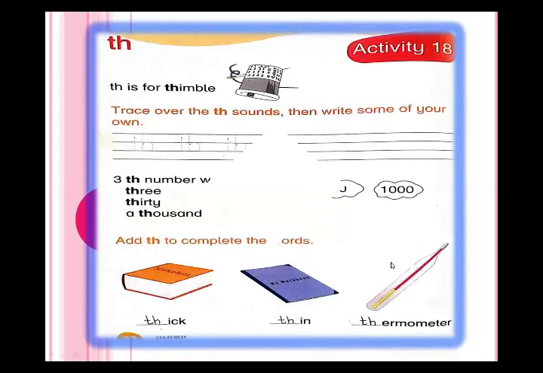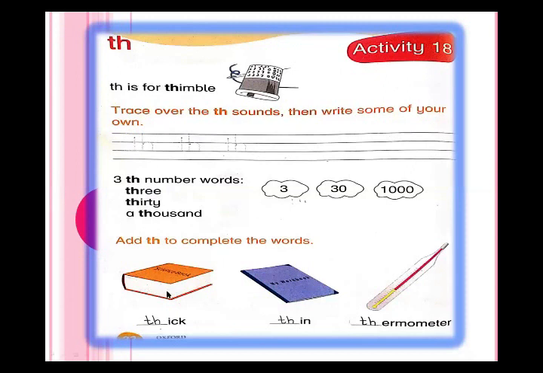Your next activity is tha. Tha is for thimble. Thimble is a small metal cap which protects our finger when we are stitching or sewing. Okay, here you also trace the tha sound and write your own. And here you can see three tha number words here, 3, 30, 1,000.